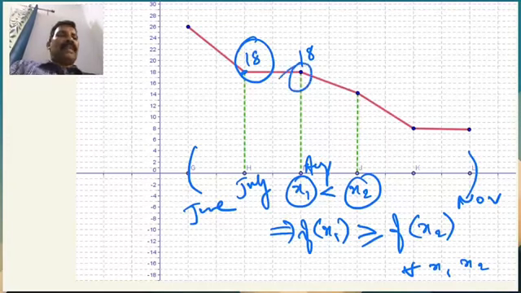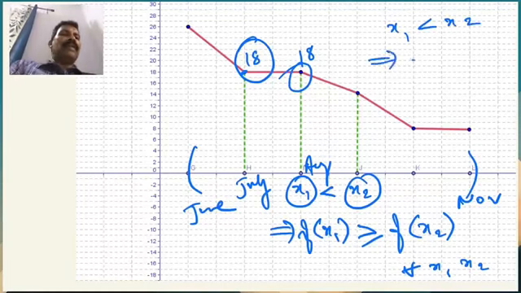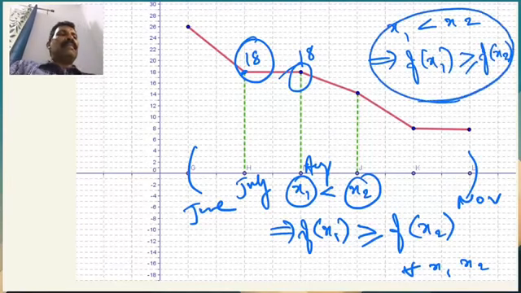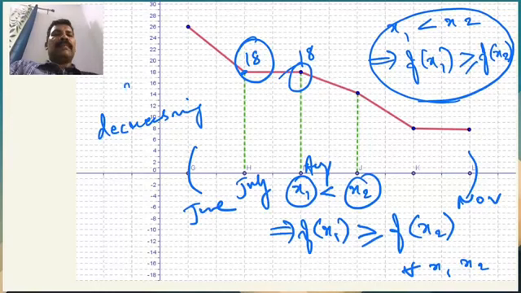So whenever x1 is less than x2, which implies f of x1 is greater than or equal to f of x2, then we can say that F is a decreasing function.